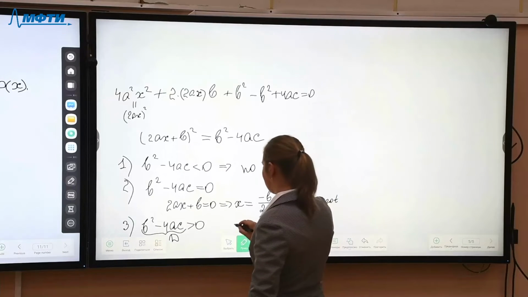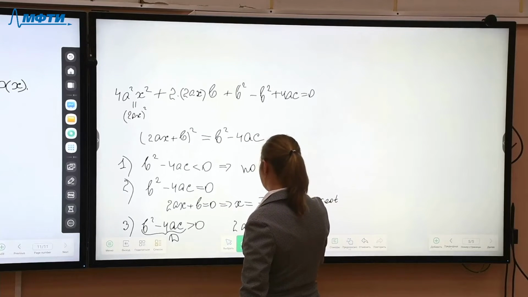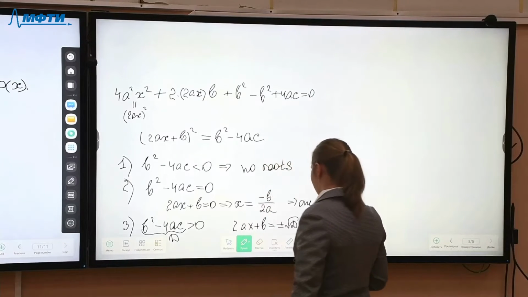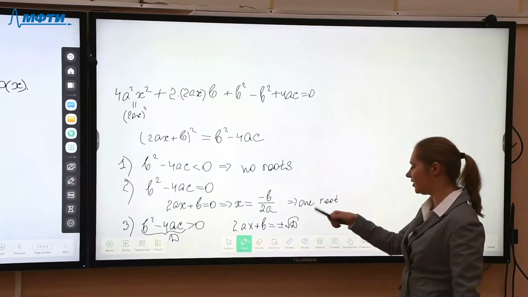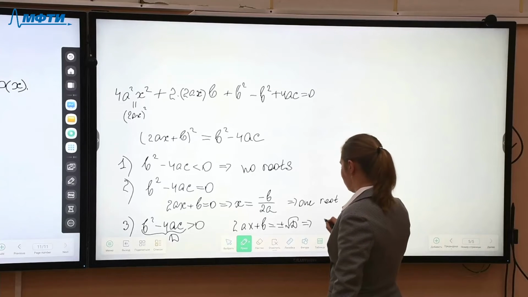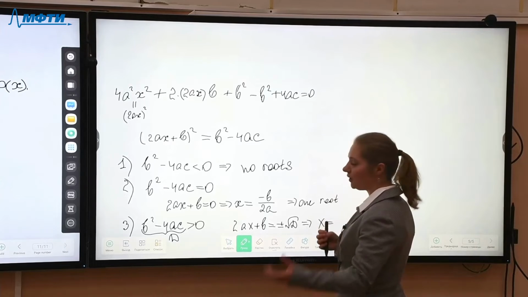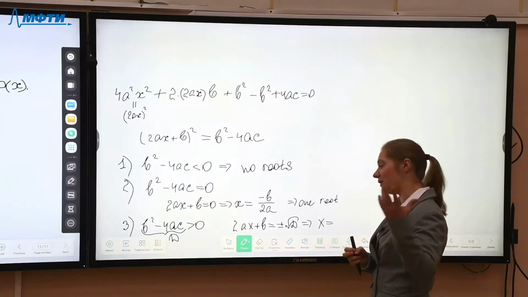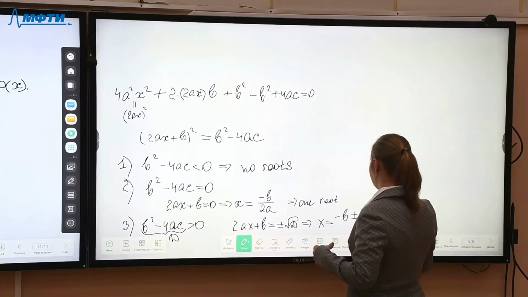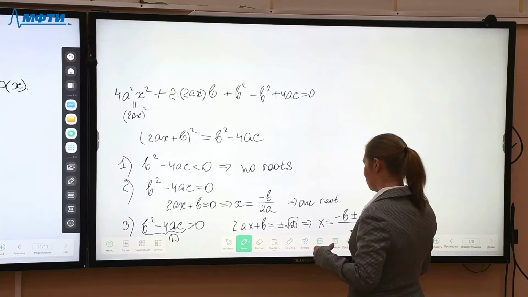And we can write down that 2ax plus b is plus minus square root of D. Again, D is greater than 0, so we can take the square root. And from here we can find x. Actually, we have two roots, so we can find two x's. This is minus b plus minus square root of D over 2a.